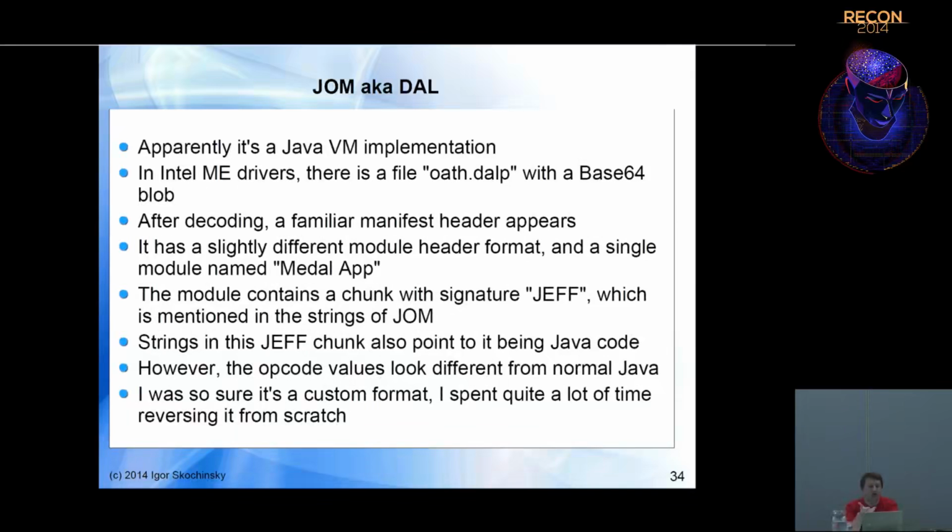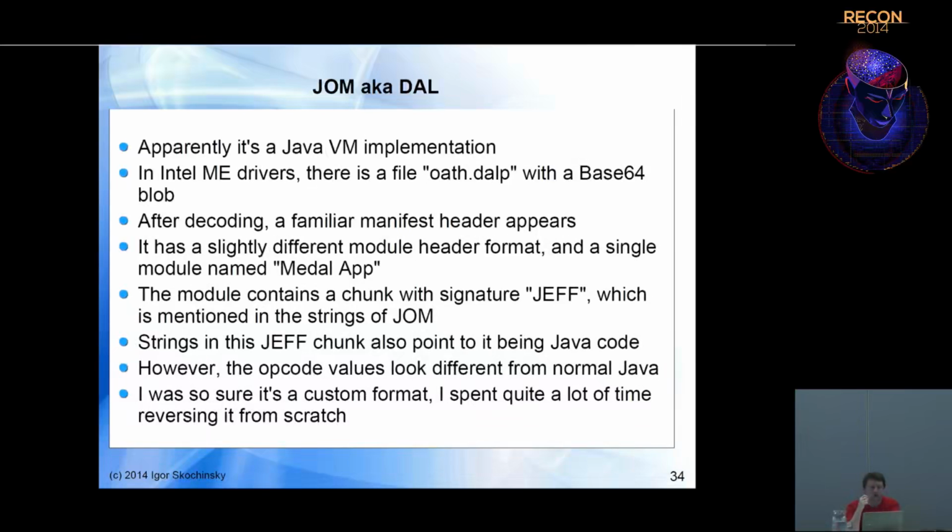If you look at the strings in that JEFF chunk, it's mostly Java, like array, bytes, whatever. So it seems it's not the Java class format, but it's something similar. Unfortunately, the opcodes are different from standard Java.